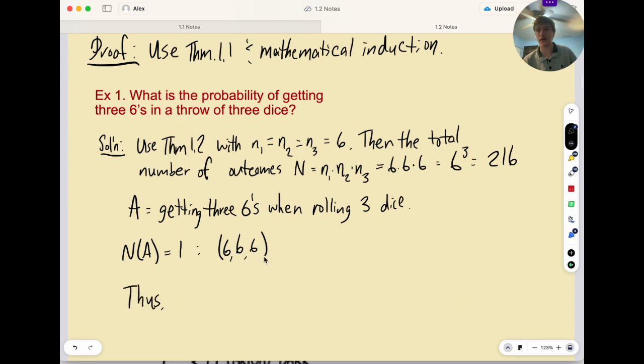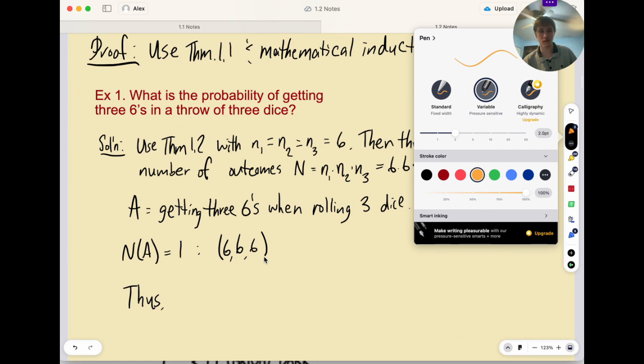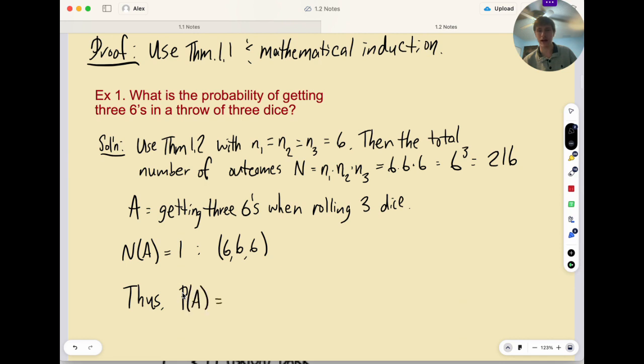Thus, we have that the probability of A happening is, remember that ratio, number of ways A can happen divided by the total number of outcomes. That's the theoretical probability. And we already found that N was 216. And we already found that N sub A was 1. And that's our answer.